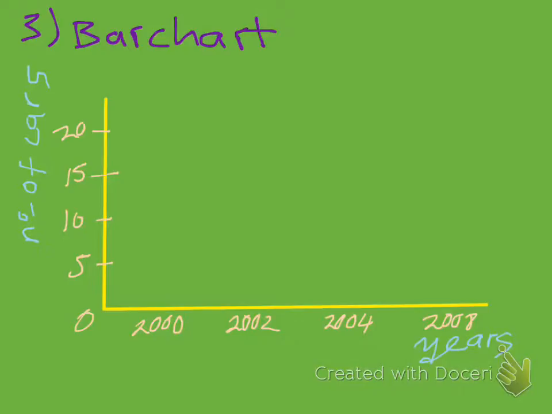Note that this is hypothetical, so the numbers may seem exaggeratedly small. In the year 2000, we see 5 cars; 2002, 10; 2004, 15; and 2008, 8 cars.